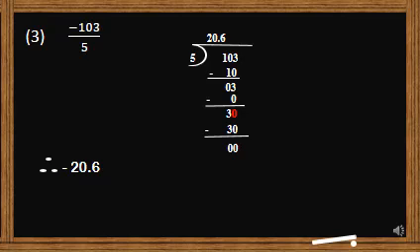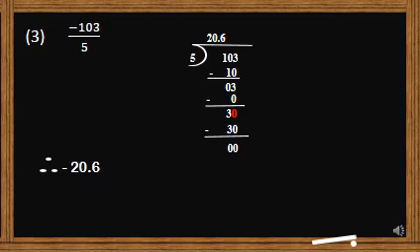Now we will put a decimal point. By putting a decimal point, we add 0 after 3. So 5 sixes are 30. 30 minus 30 is 0.